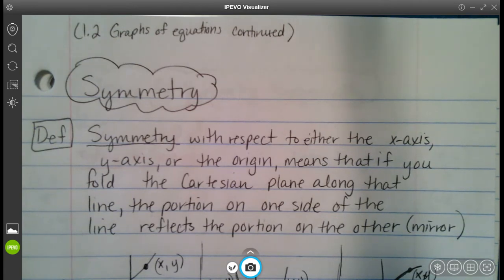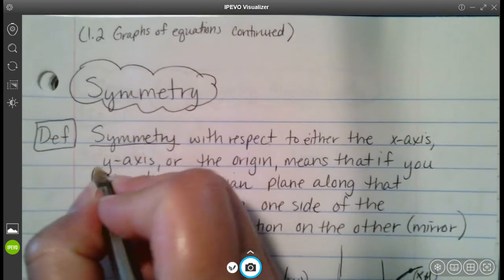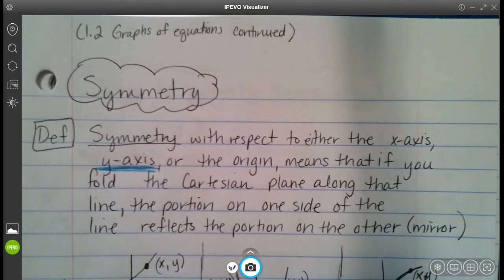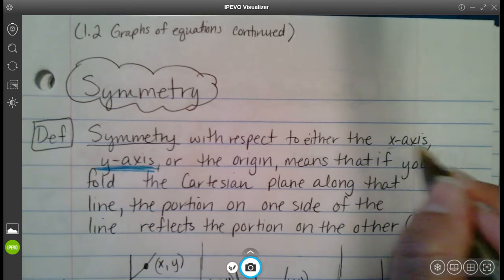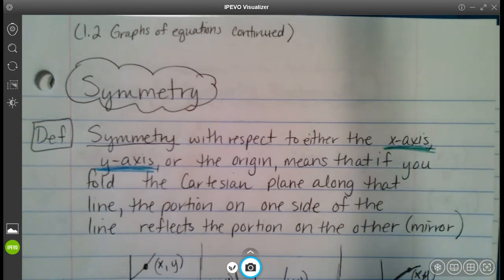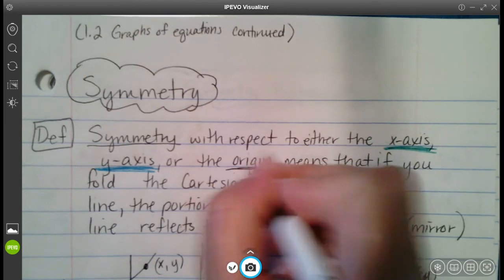So symmetry with respect to either the x-axis, the y-axis, or the origin means that if you fold along the Cartesian plane, like your xy plane, along that line, so by line I'm referring to either the y-axis, the x-axis, or the origin, okay?